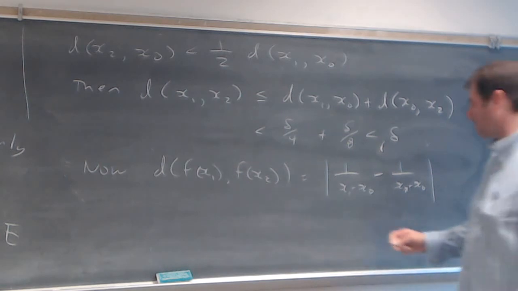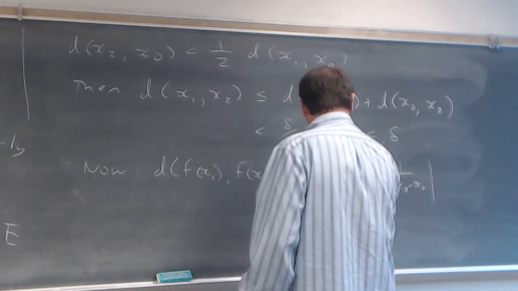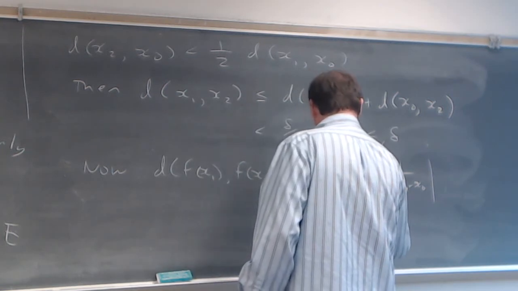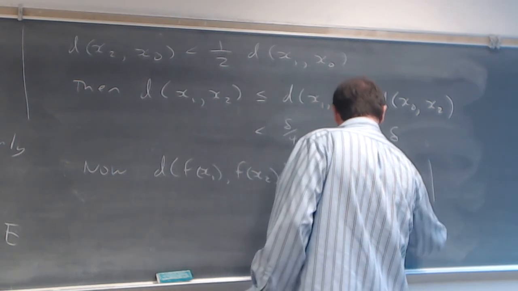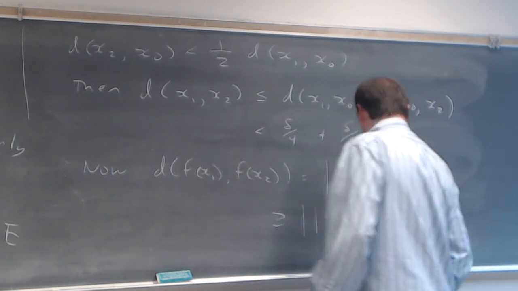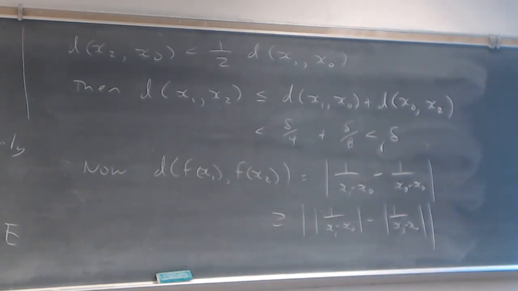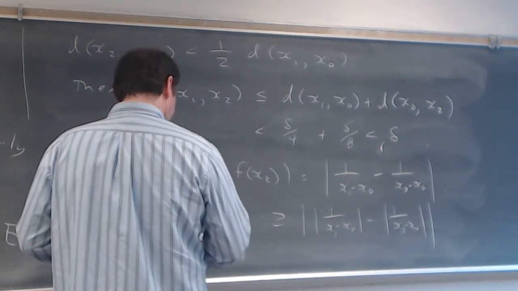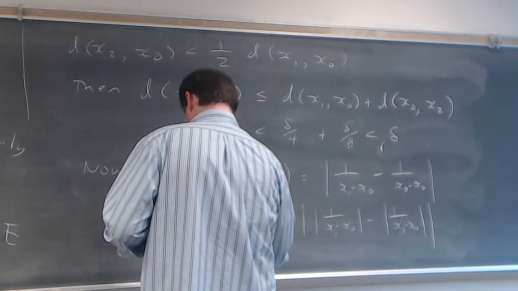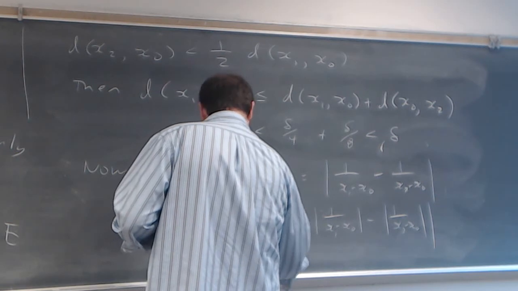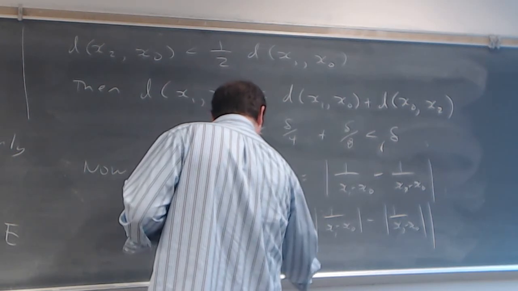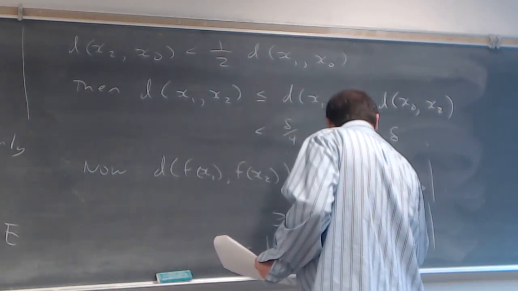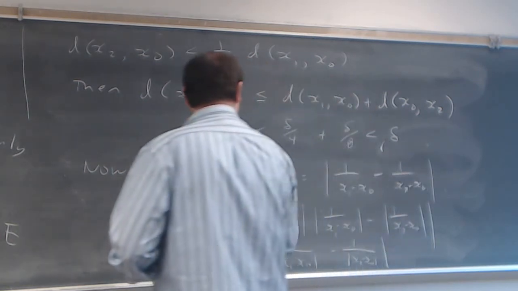Okay, now that is going to be greater than or equal to the difference between the absolute values of each one of these parts, and that's going to be equal to the absolute value, 1 over the absolute value of x sub 1 minus x sub 0 minus 1 over the absolute value of x sub 2 minus x sub 0. So this quantity is bigger than that.